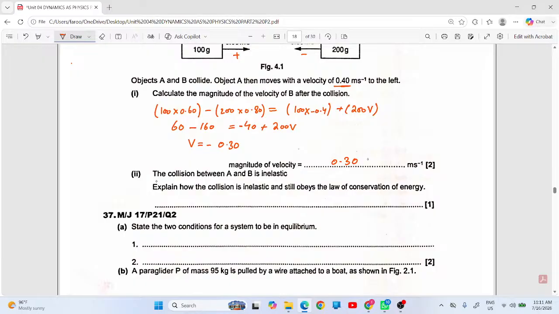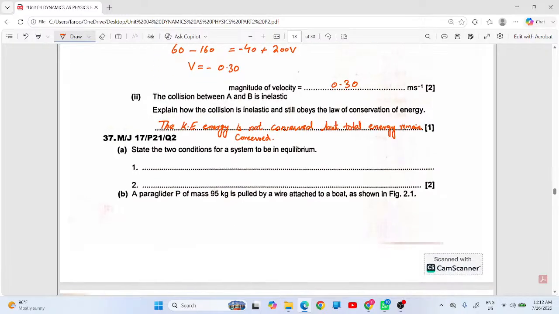That's why we write that the kinetic energy is not conserved, but total energy remains conserved.